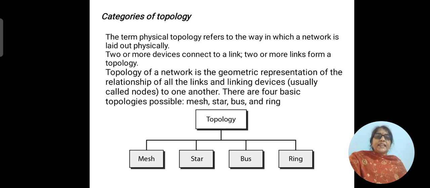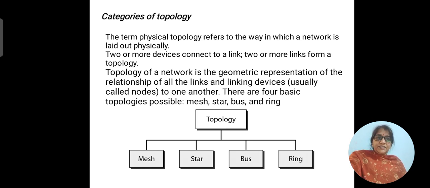Let's study the categories of topology. The term physical topology refers to the way in which a network is laid out physically. Two or more devices connected to a link form a topology.